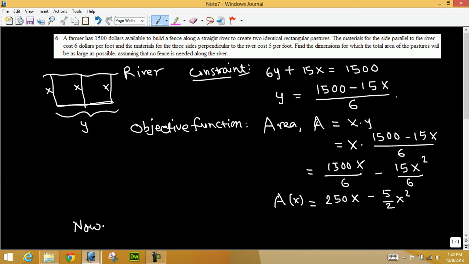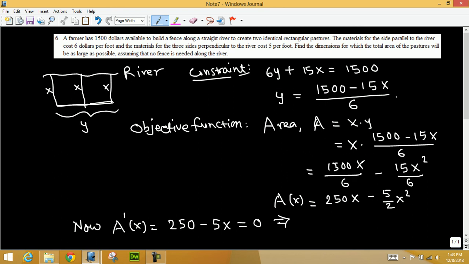Now we want to take the derivative of this objective function, so that will be 250 minus 5 halves times 2x, 5 halves times 2, this is 5x, and we want to set the derivative to 0 to find the critical numbers. That implies 250 minus 5x equals 0.